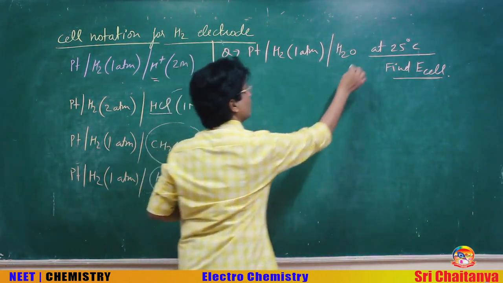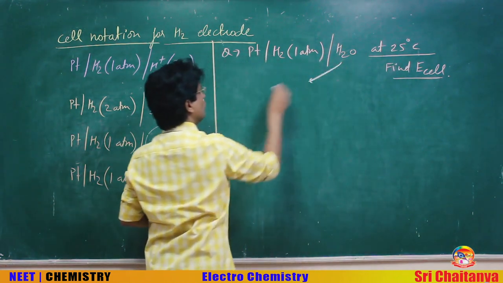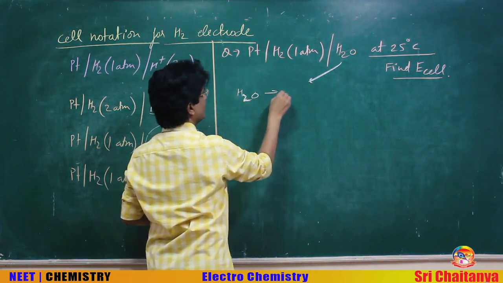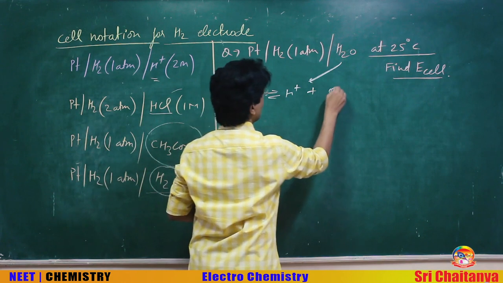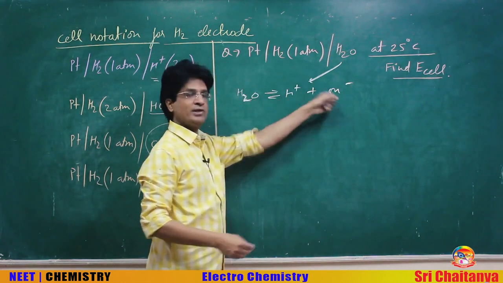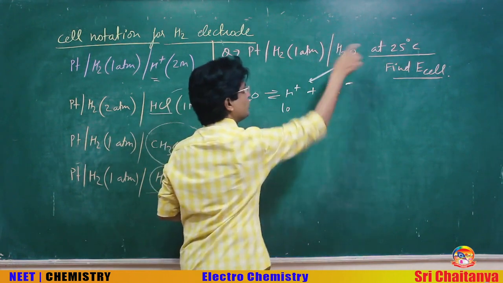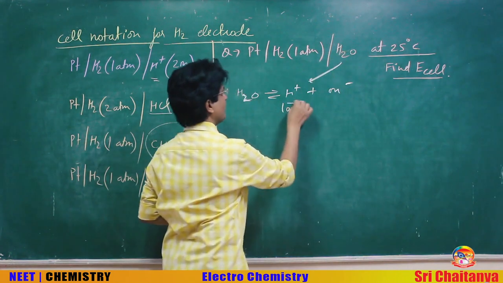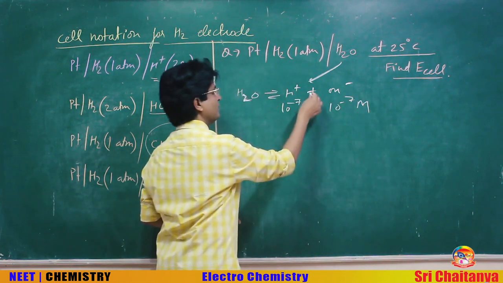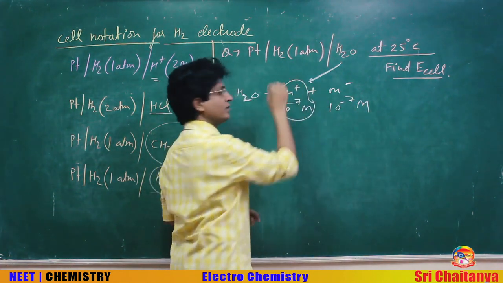Now, I know that at 25 degrees Celsius, H2O will give me H ions as well as OH ions. Water, though a weak electrolyte, will give me H ions and OH ions, and their concentration at 25 degrees Celsius is 10 to the power minus 7 molar. I am interested in the H ion concentration.